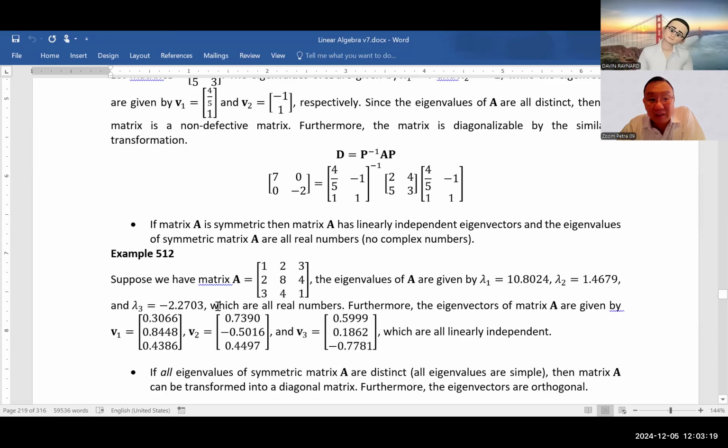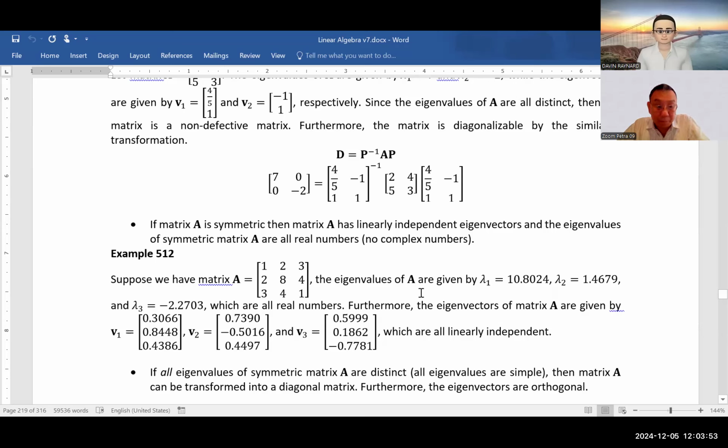And not only that, the eigenvectors are always linearly independent. If the matrix is symmetric, you are sure of two things. Number 1, the eigenvalues are all real numbers, can be distinct, can be repeated, no problem. But the eigenvectors are linearly independent.